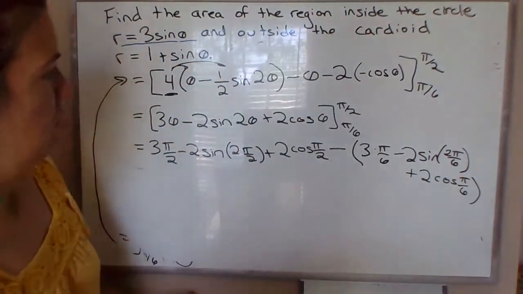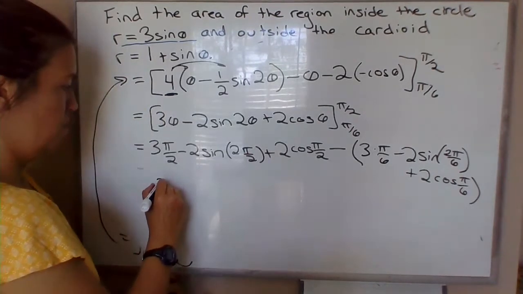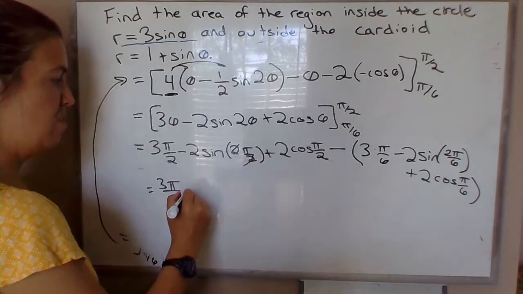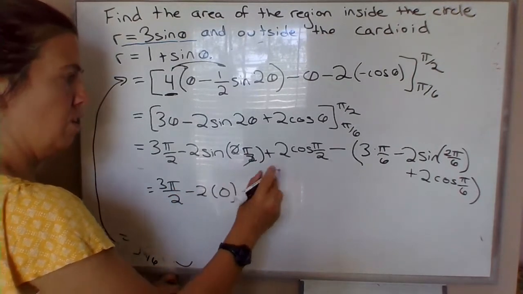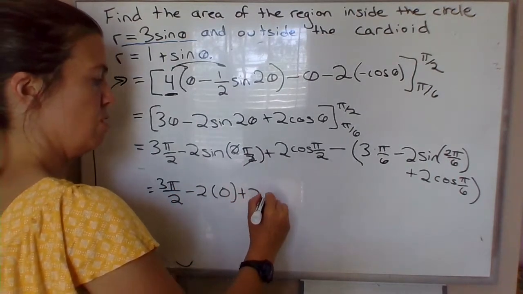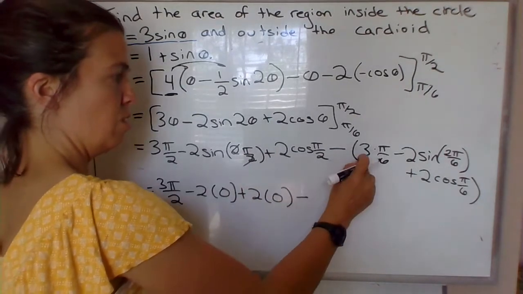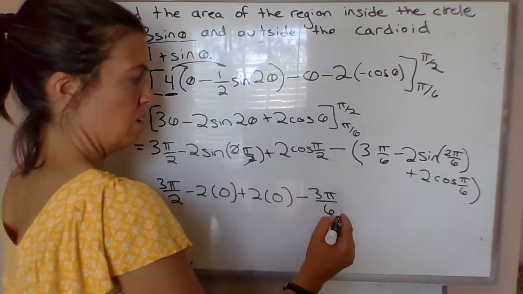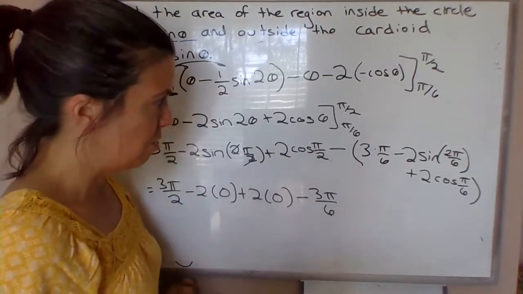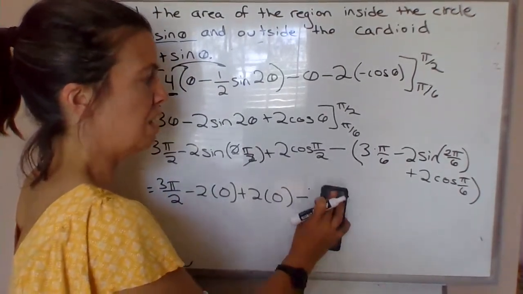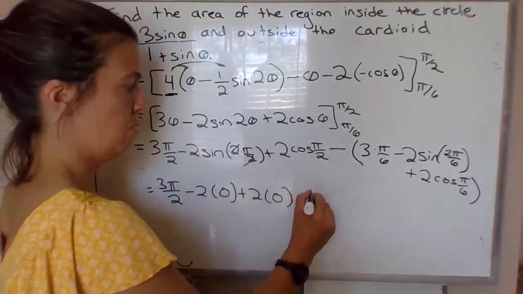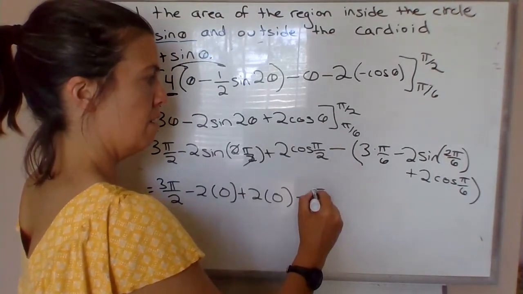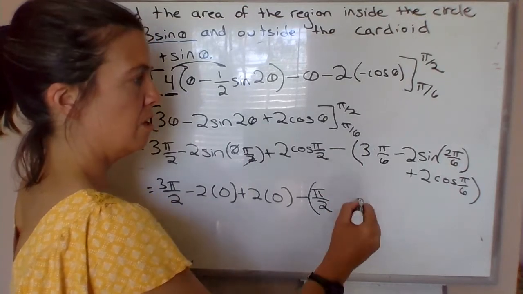Right. We good there. So this is 3 pi over 2. Sine of pi is 0. Cosine of pi over 2 is 0. 3 pi over 6 here, which is, well, let's go ahead and reduce that. Why call it 3 pi over 6? So that's minus pi over 2 when you reduce it. I'll keep this here.